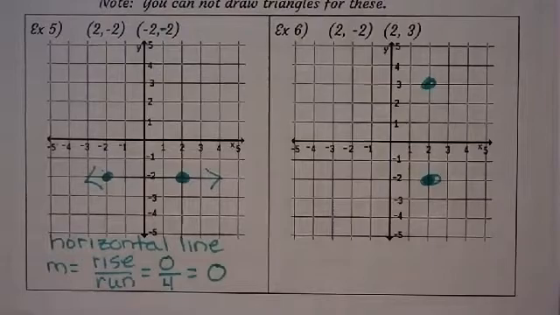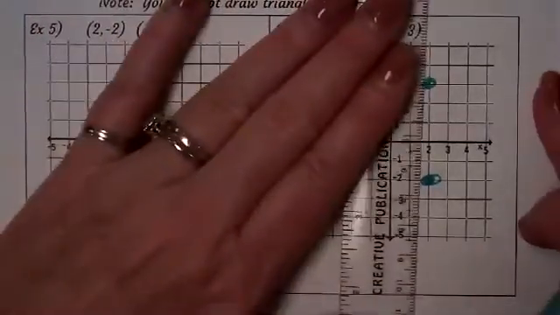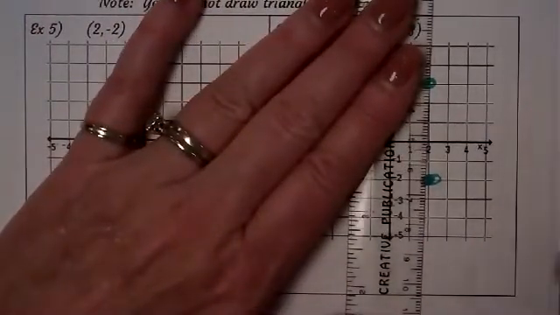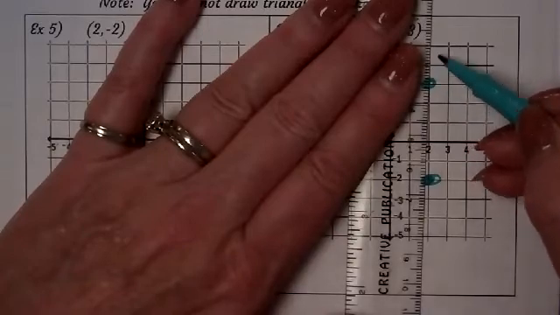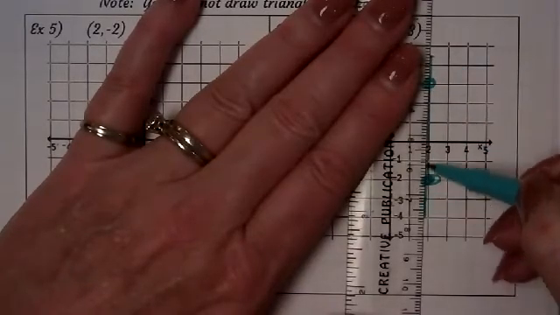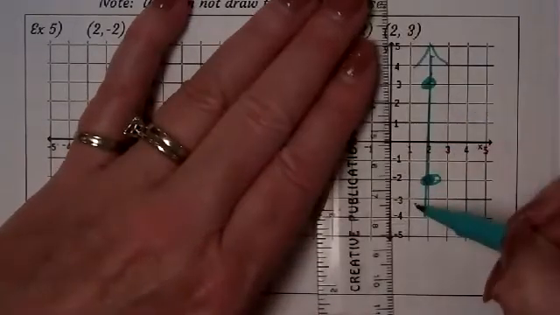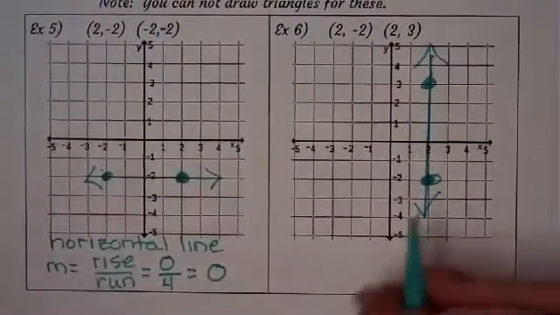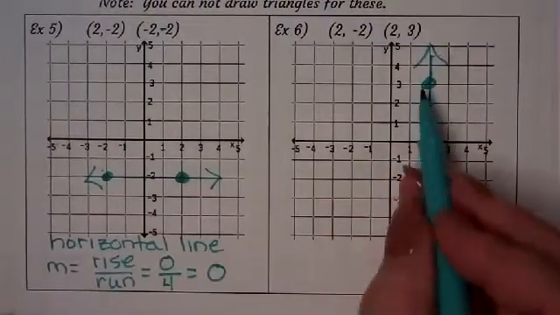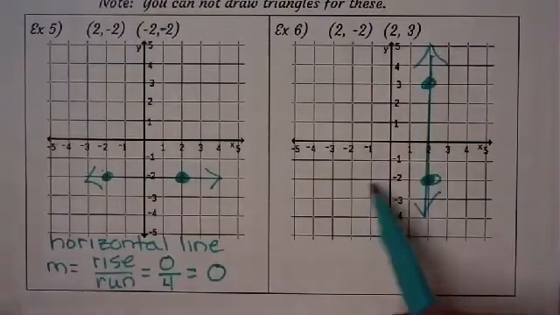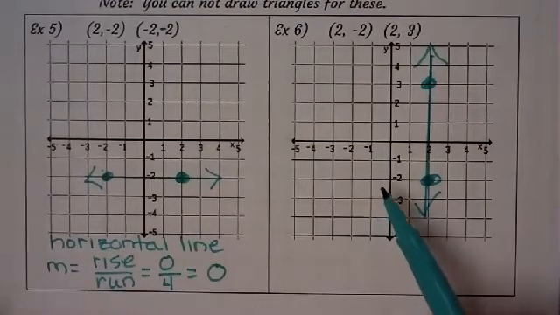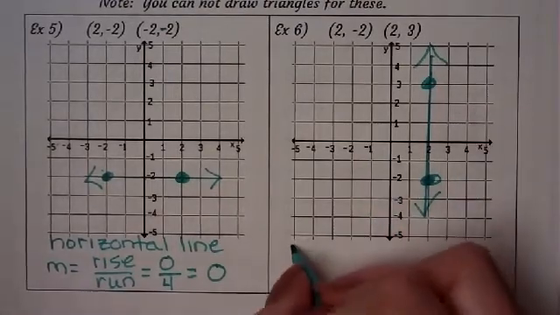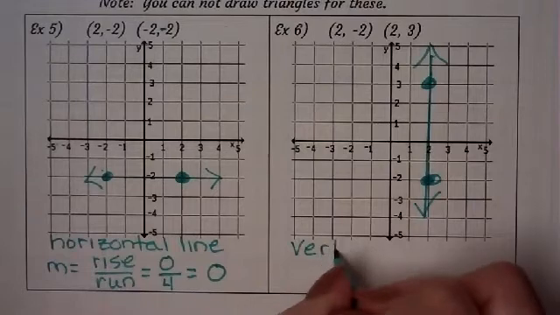Now, when I connect these dots, what I see is a vertical line, literally straight up and down, just like that. Now, again, I can't draw a right triangle between those 2 points and not get off my grid lines of my graph paper, so there's no triangle involved here.